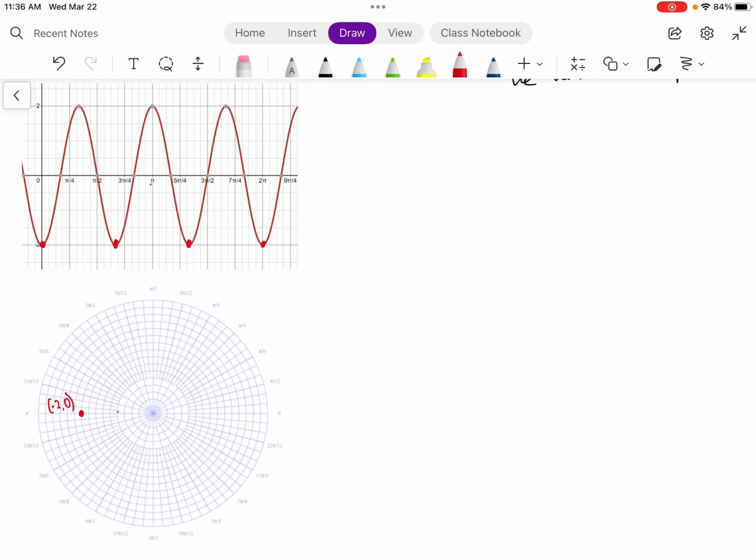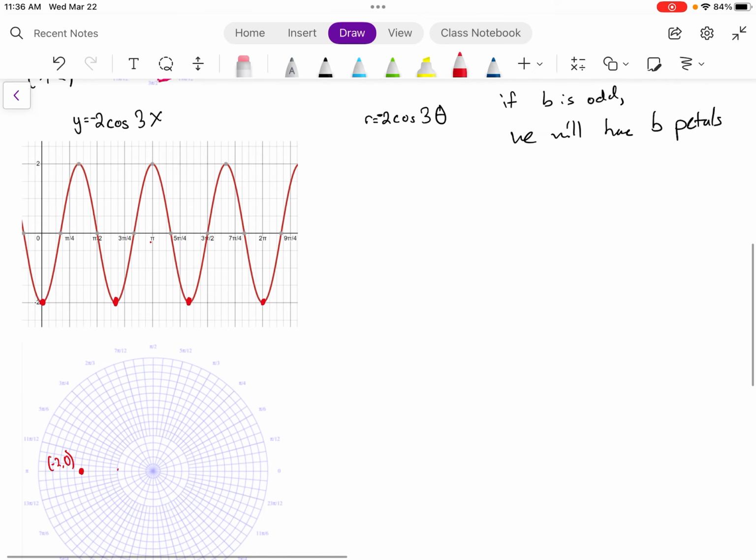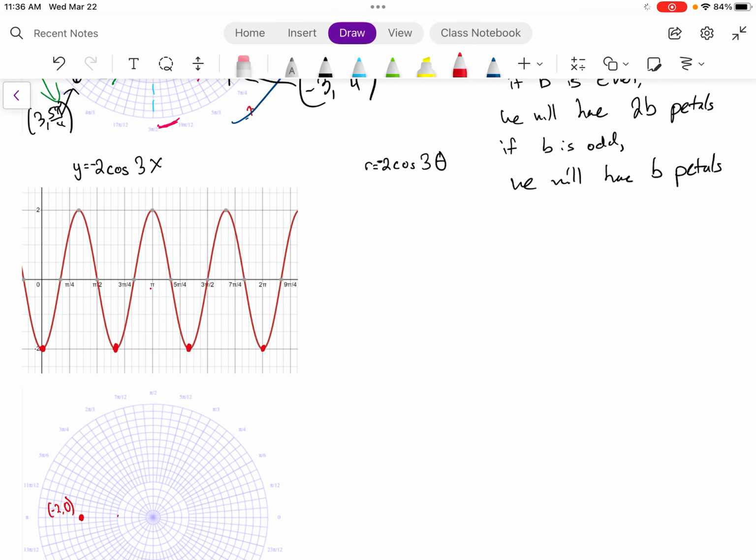What about my next valley here? Well, think about what this 3 does to the period of the graph. The period suddenly becomes 2 pi over b, so 2 pi over 3.